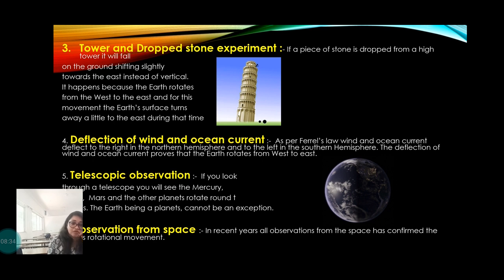So the earth, as a planet, is not exceptional. Next one, the observations from space. In recent times, through satellite images, we can easily understand that the earth rotates. Okay, so these are the proofs of the rotation or movement of the earth.